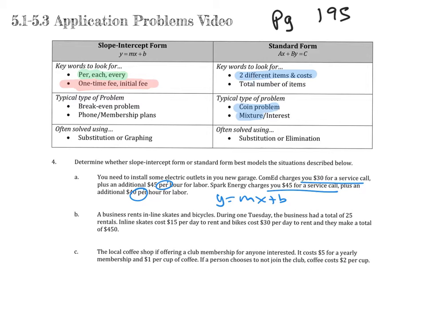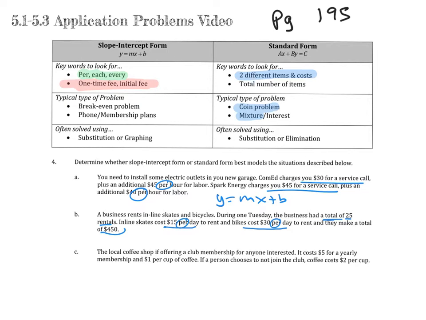In B, a business rents inline skates and bicycles. Business had a total of 25 rentals, so total 25 rentals. Inline skates cost $15 per day to rent, and bikes cost $30 per day, and they make a total of $450. All right, so that's an interesting one because you still see the word per, so that sort of thinks slope there.